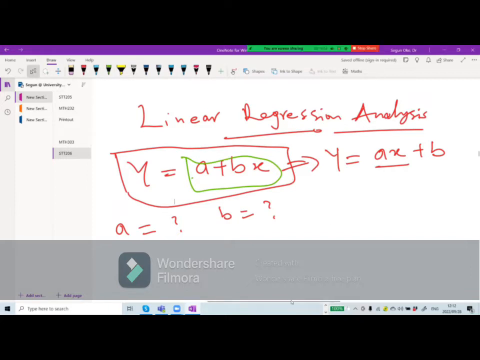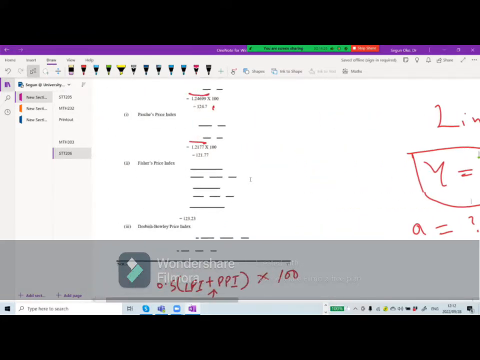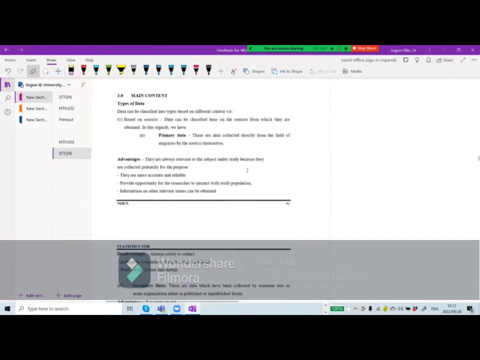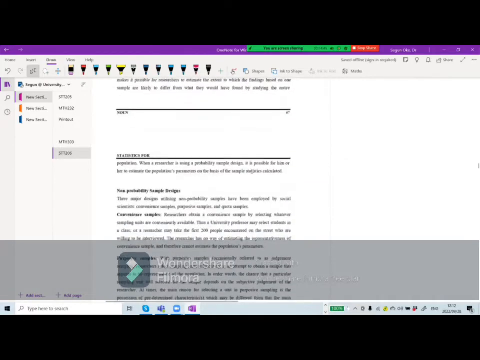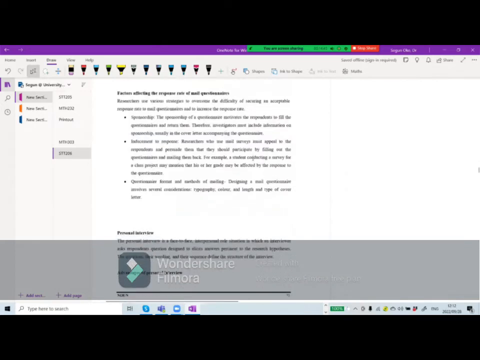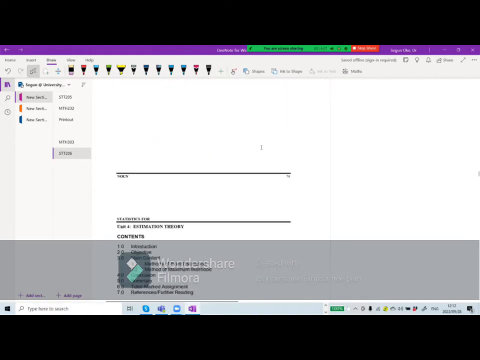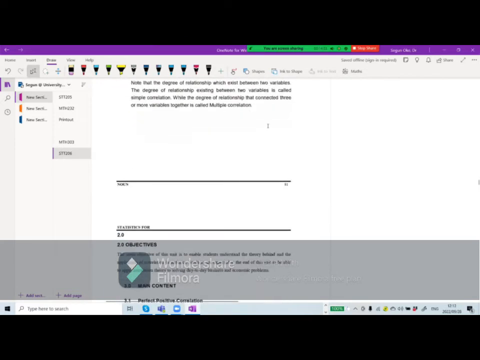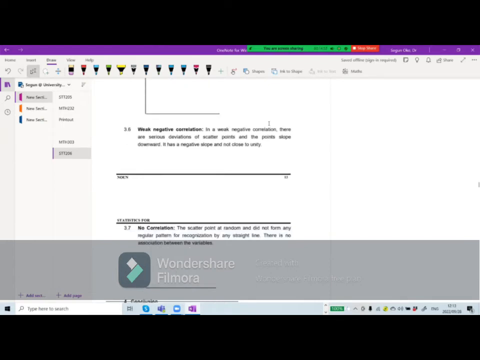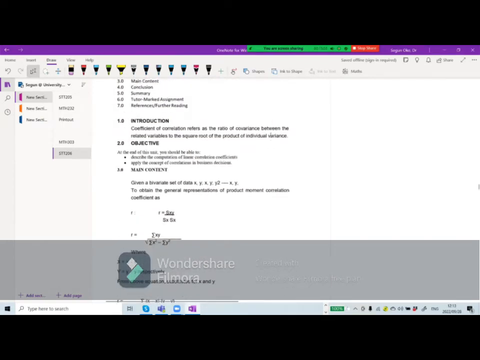Let's check our textbook. It's there in our book. If you check your textbook, you will see some of those things we are talking about. I'm not saying you should open the book now, but let me just show us. Look at this method they use here.